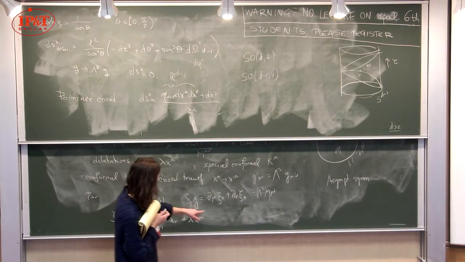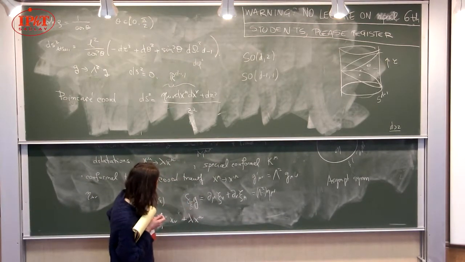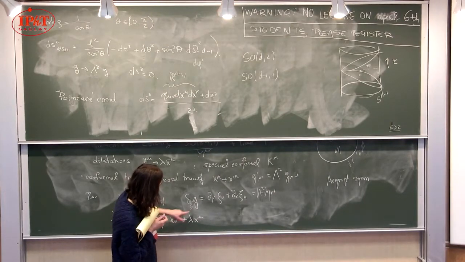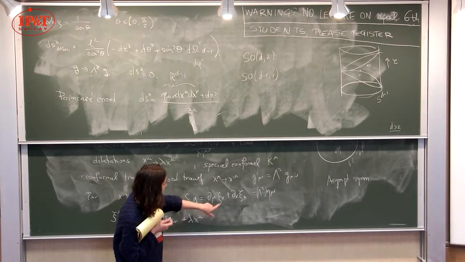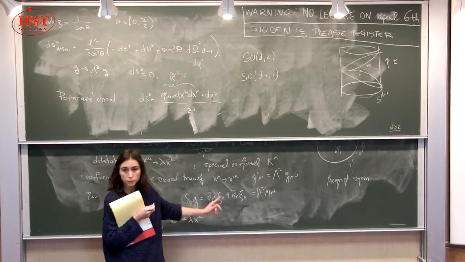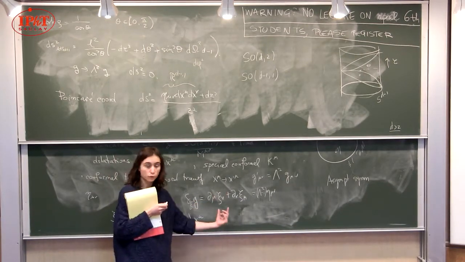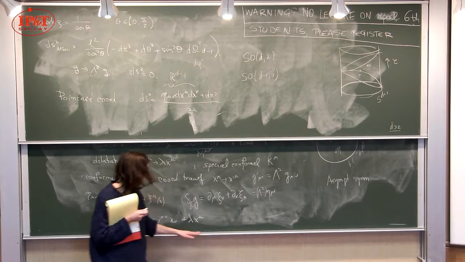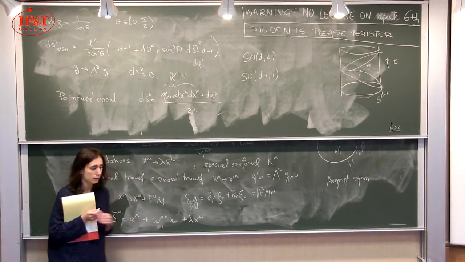So you can see from here that you're going to pick something like d mu of x lower mu, which gives you a factor of the metric with the lambda in front. So this is going to end up being proportional to eta mu nu. So these are the rescalings.